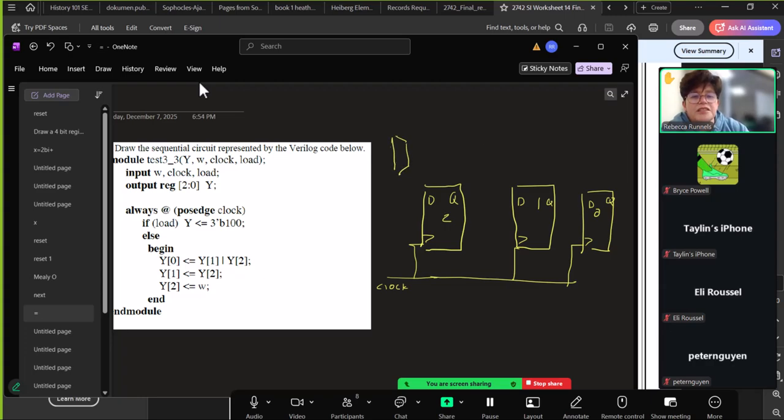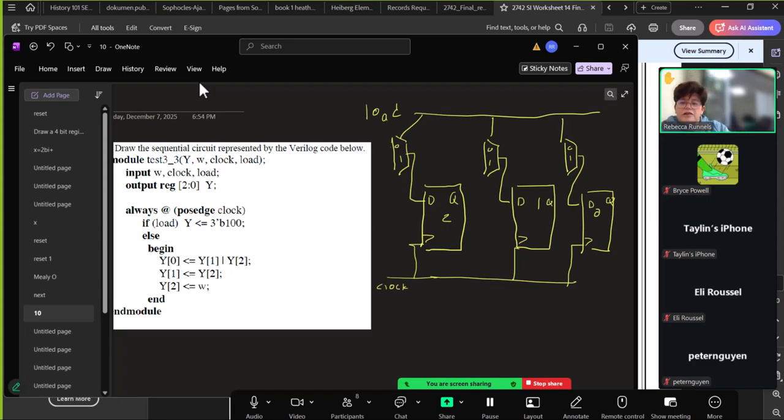Sometimes you'll see something that's outside of the if, and that'll tell you that one of the flip-flops doesn't have a multiplexer. And that'll go into the D. And then I look at the if, and it's if what? Load. So load is what's going to go into the multiplexer.